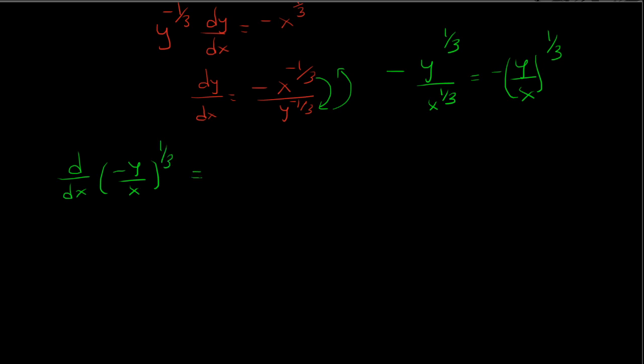And this, I'm going to require the quotient rule. So here, well, what we could do actually, we'll need the quotient rule, but we could use the chain rule first. So we'll bring down the exponent, keep the inside the same, subtract 1 in the exponent, and then take the derivative of the inside.